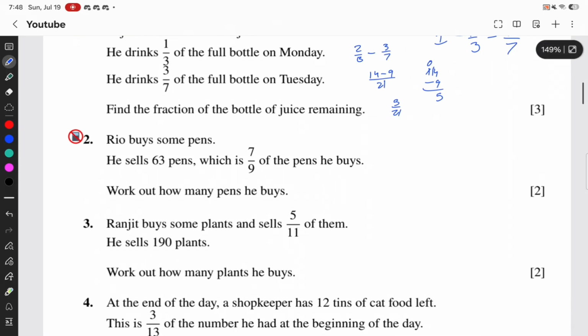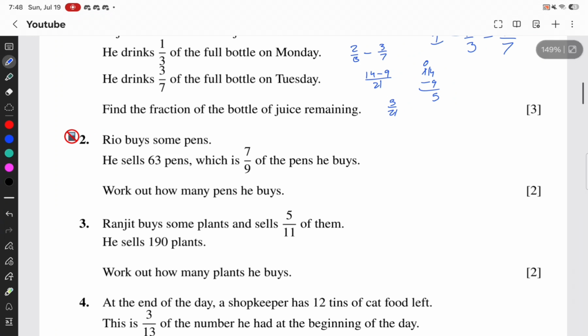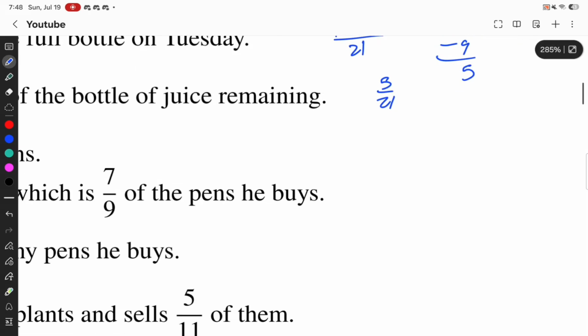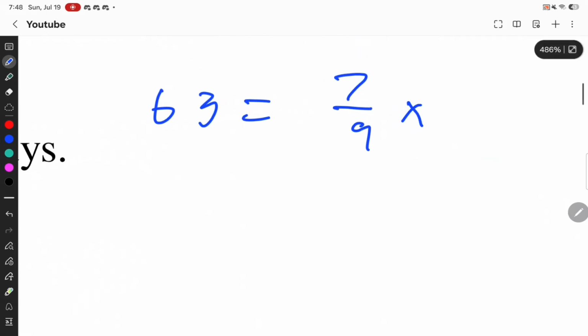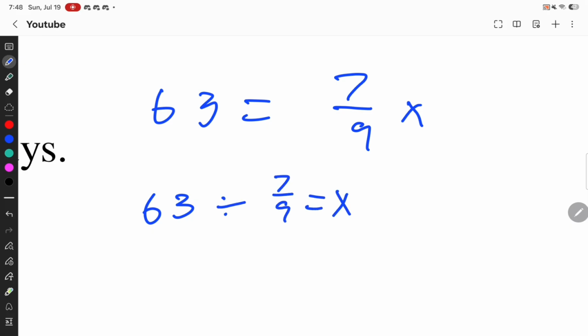Trust me. Rio buys some pens. He sells 63 pens, which is 7/9 of the pens he buys. Work out how many pens he buys. So if 63 pens equals 7/9 of a quantity, what is that quantity? Okay, we can divide by 7/9 on both sides to get what? 63 divided by 7/9 equals this.